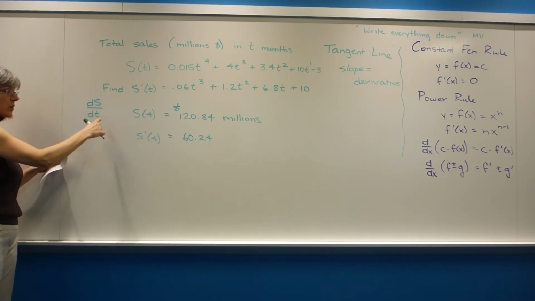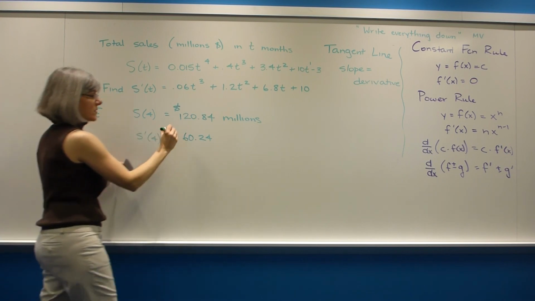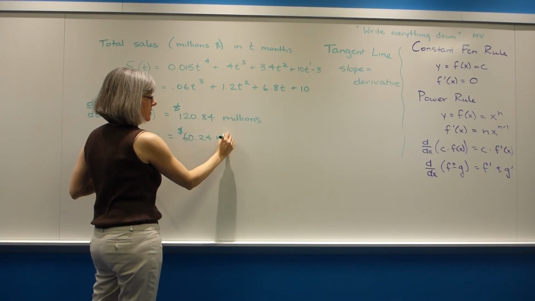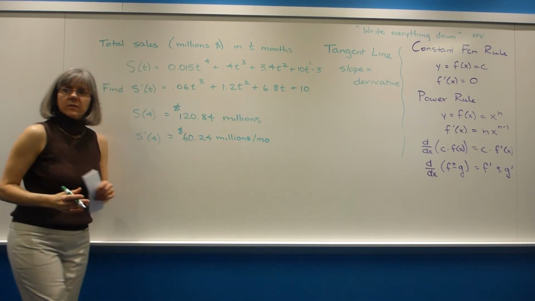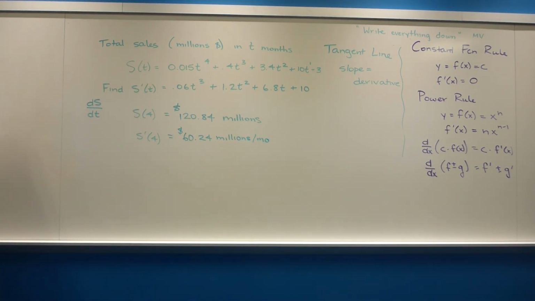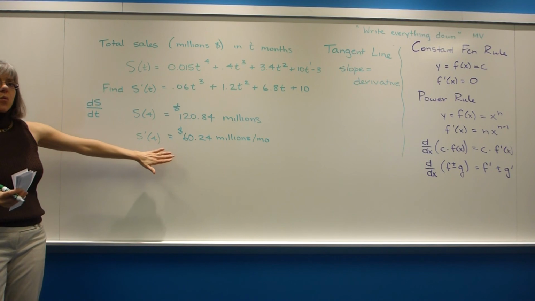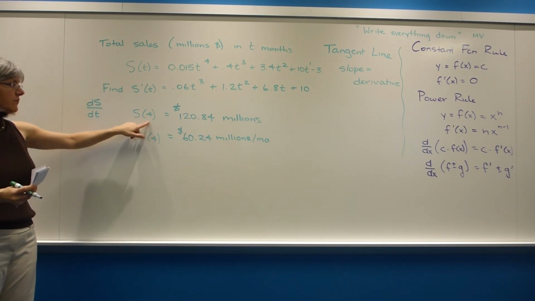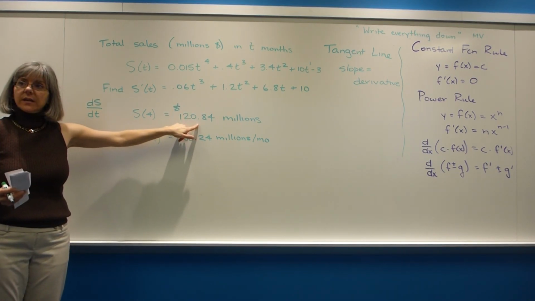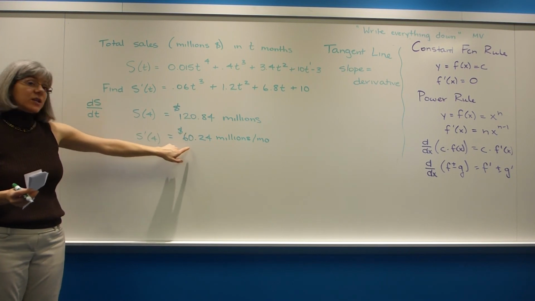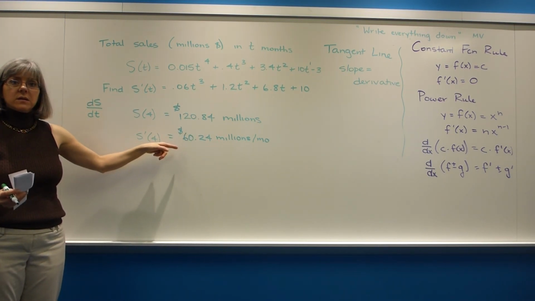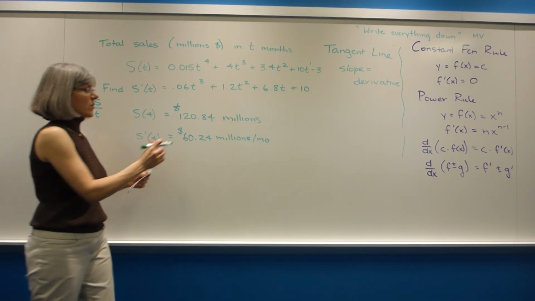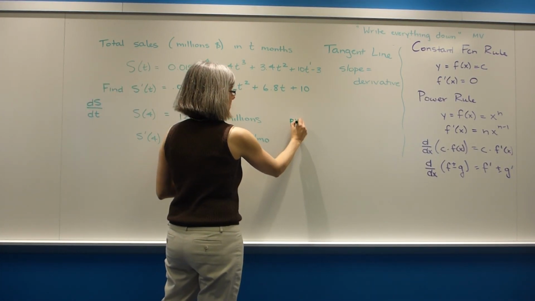Millions of dollars per month. So word problems, word answers. So what is the interpretation? At 4 months, the sales are this, and they are increasing at this rate. If this were negative, they would be decreasing. So this is the present sales, and this is how much they are increasing by.